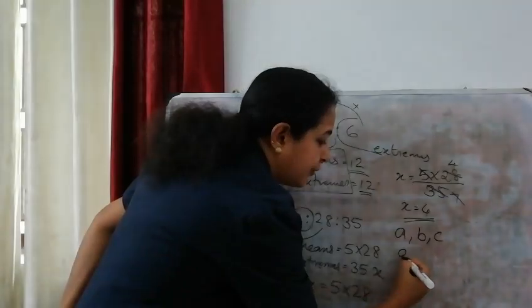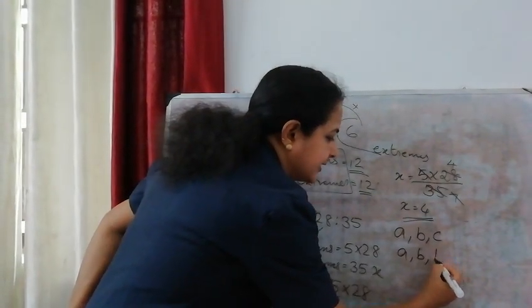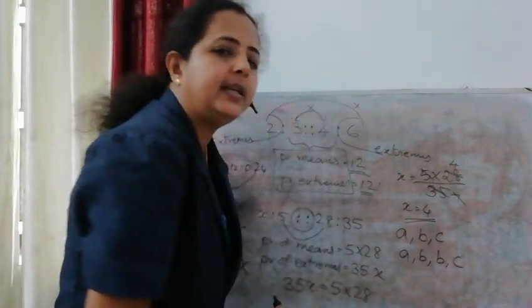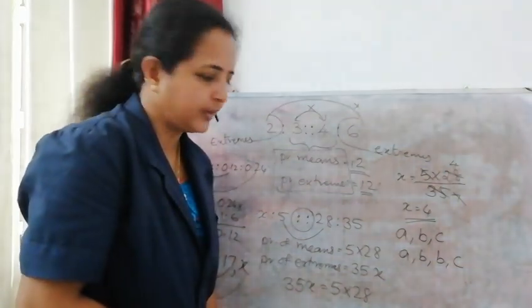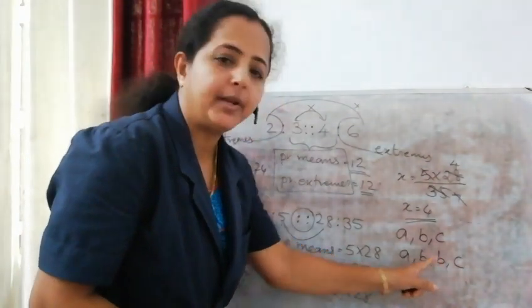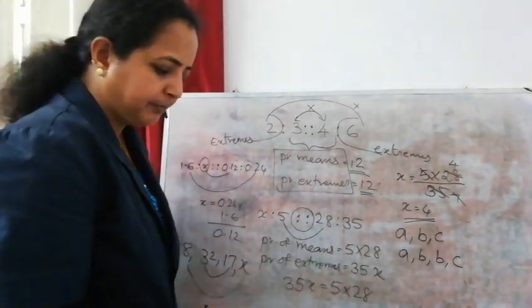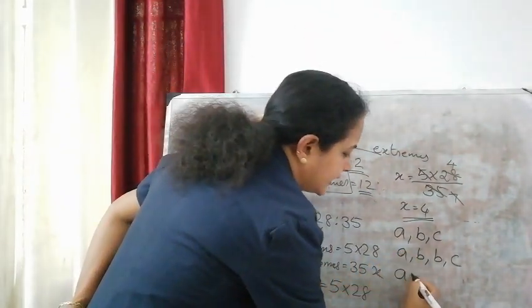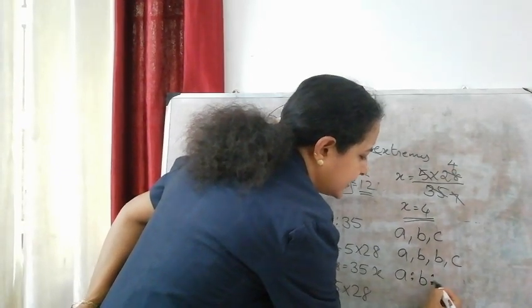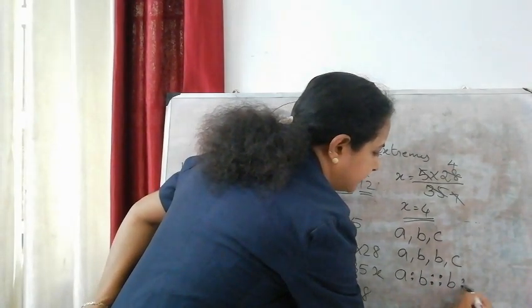If they are in continued proportion, we can write A, B, B, C are in proportion. We write the second number repeated twice, and they are in proportion. That means A is to B as B is to C.